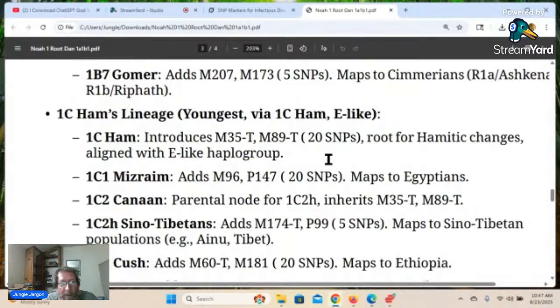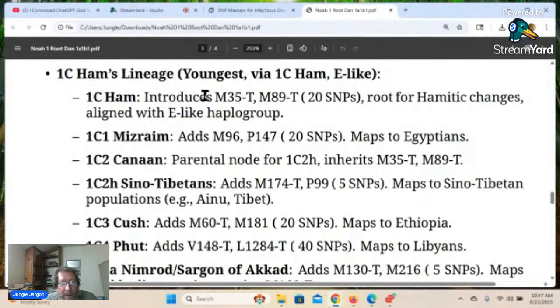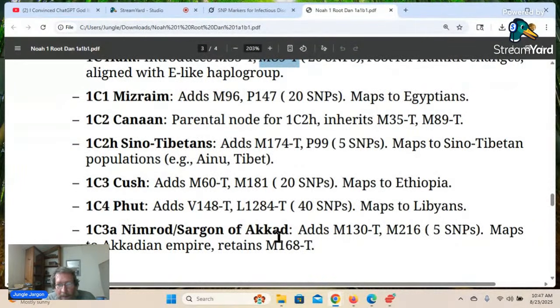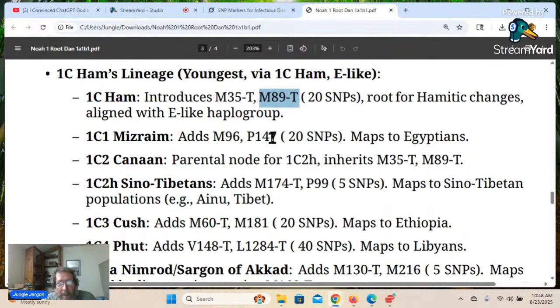But what happened was Nimrod retained this M89, or no, it didn't have it. Oh, because it's Semitic. Yeah, that's right. This SNP is introduced by Ham because it's not Semitic.